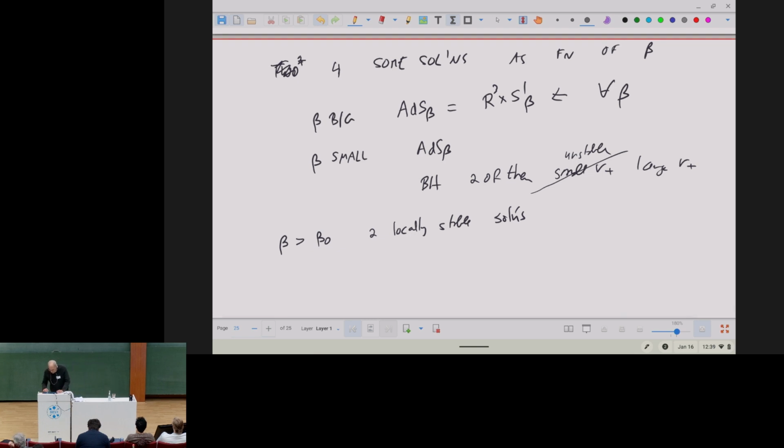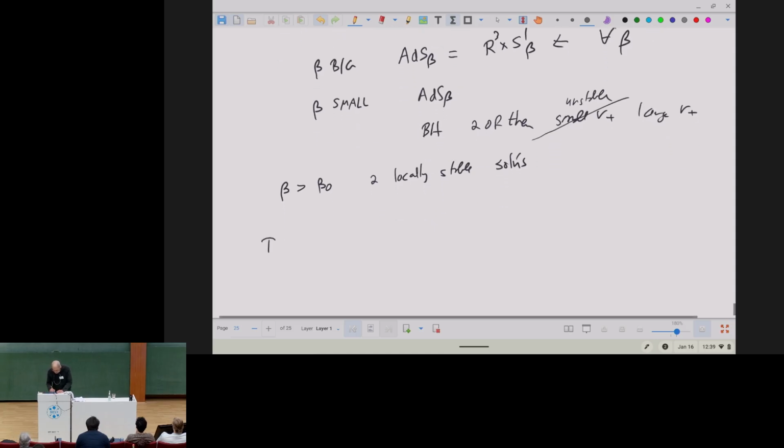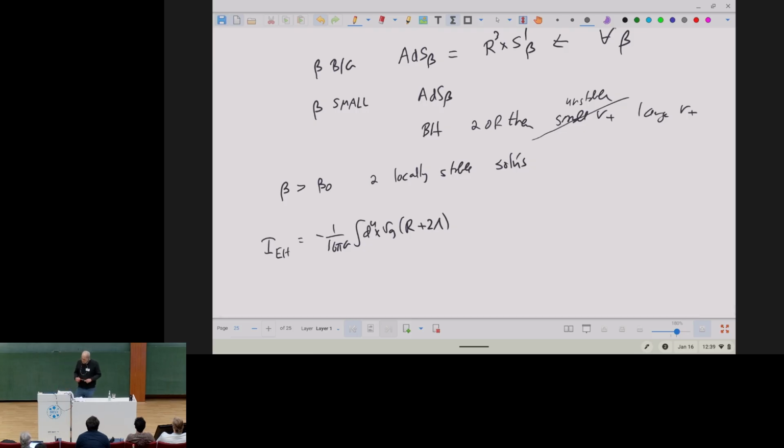Well, how do you calculate the action? Well, the action here is the Einstein-Hilbert action with the cosmological constant. I always have trouble remembering. I think it's just R plus 2 lambda, but can't promise the plus 2. Then there's the Gibbons-Hawking-York boundary term. It turns out that in asymptotically anti-de Sitter space, the Gibbons-Hawking-York boundary term doesn't contribute.